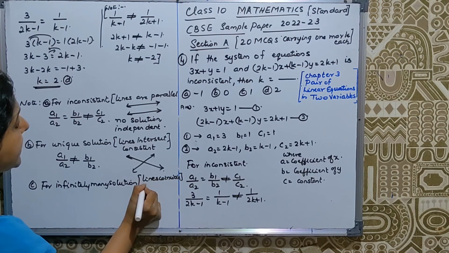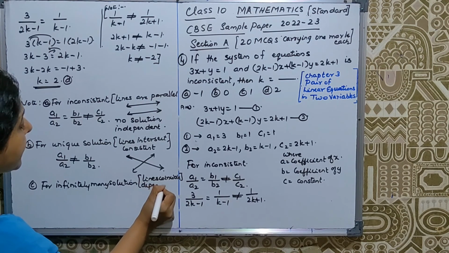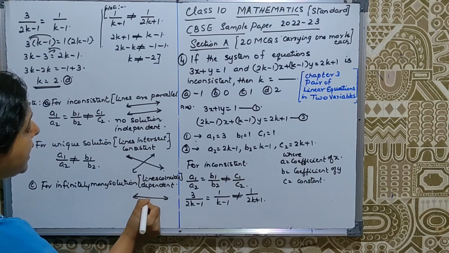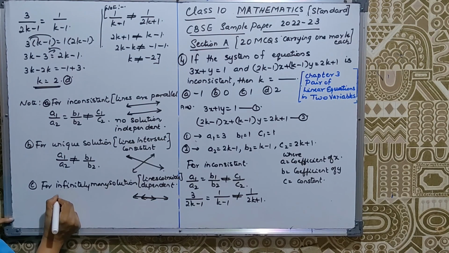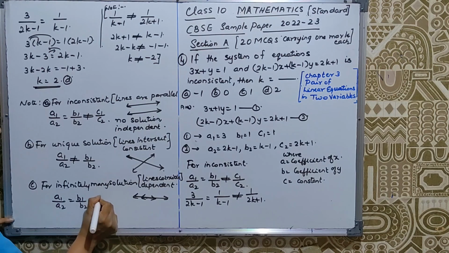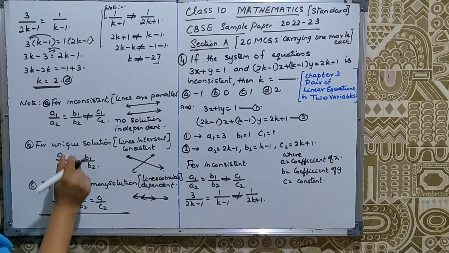It is called dependent. In that case, one line will be exactly above the other line. In that case, the condition is A1 by A2 equal to B1 by B2 equal to C1 by C2. These are the three cases I just told you in advance.